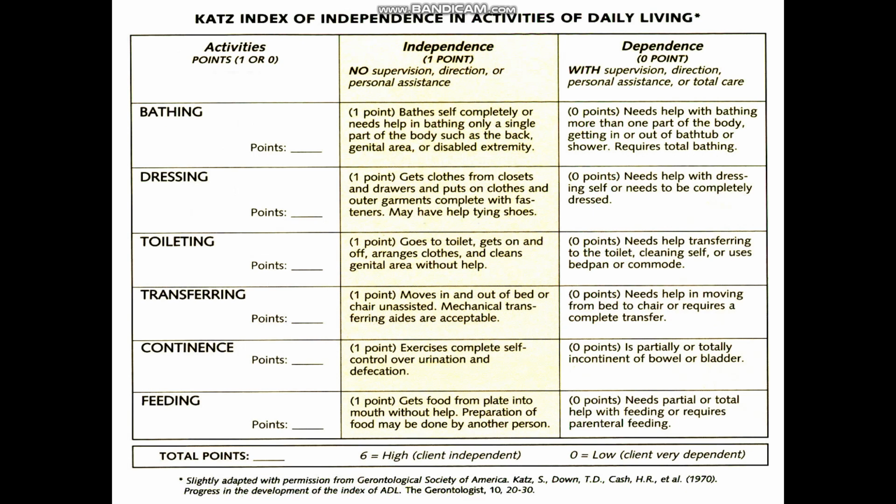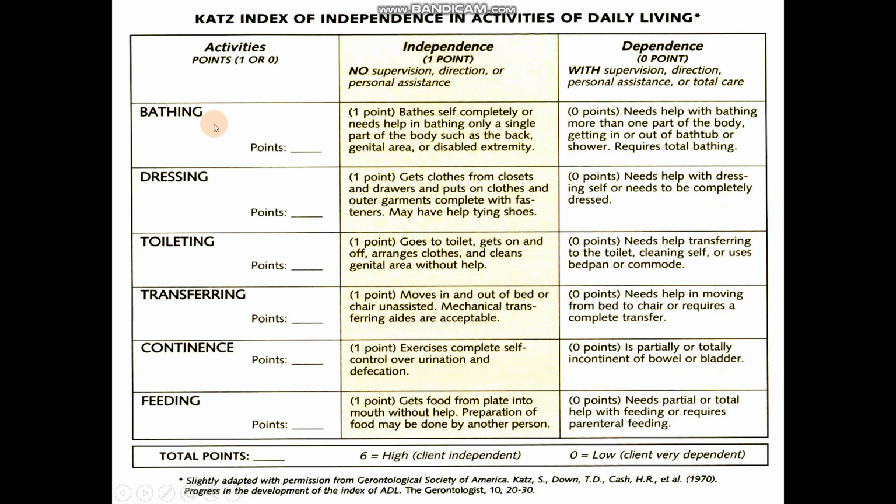I can show one example. This is the Katz tool. Here you can see the activities: bathing, dressing, toileting, transferring, continence, as well as feeding. What points can we write here? Only two options, independence as well as dependence. Independence means 1 point, dependence means 0 points. That means if the person is dependent for bathing, the person gets 0 points.